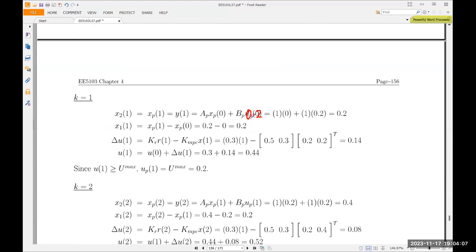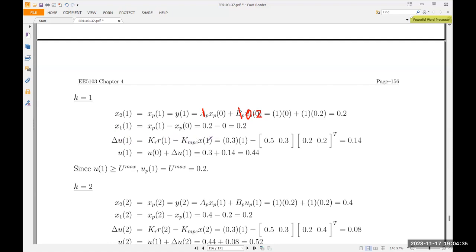Though U calculated was 0.3, the real thing that goes through this plant is 0.2. So you calculate, you'll get X1 is 0.2, and X2, which is defined as this, is also 0.2. All right. So now what is the new delta U? You take this minus this.